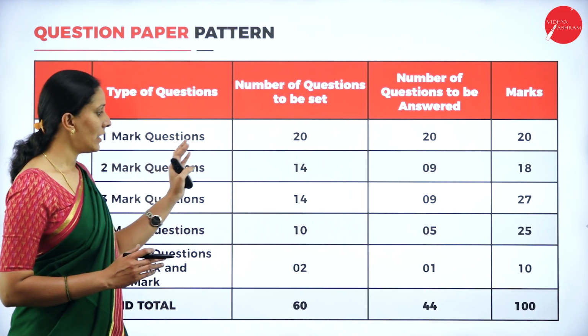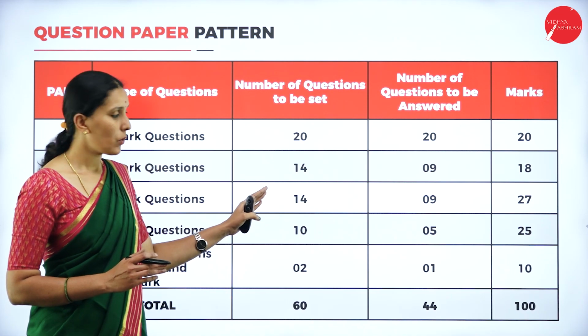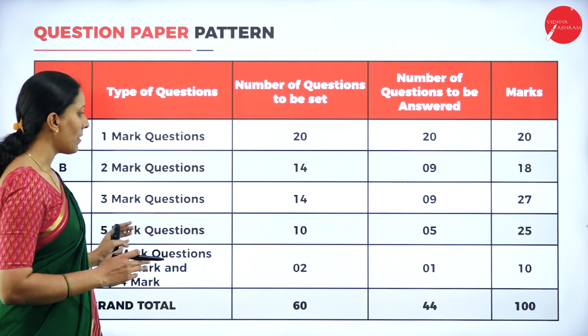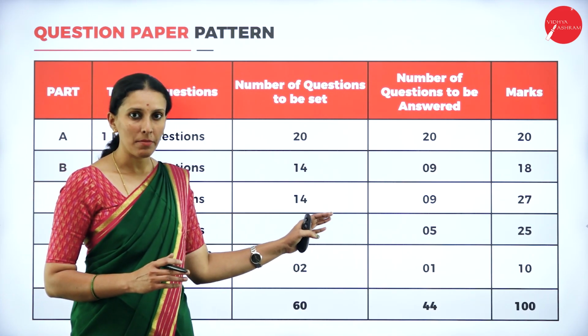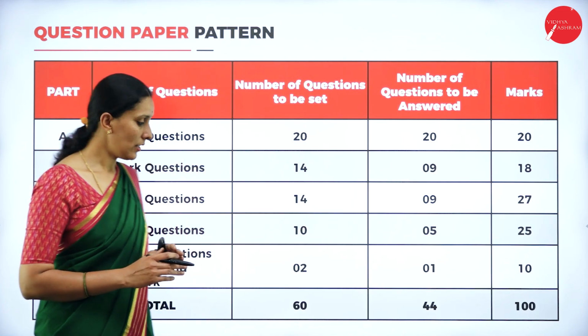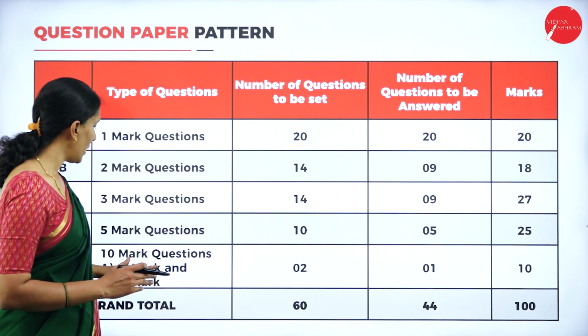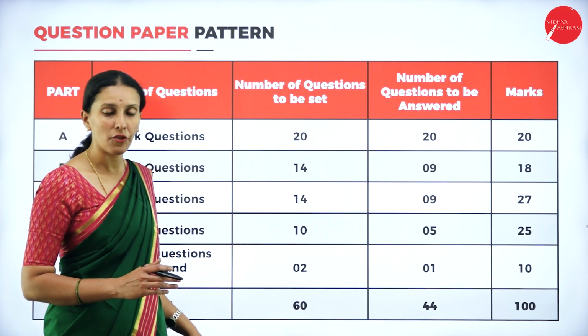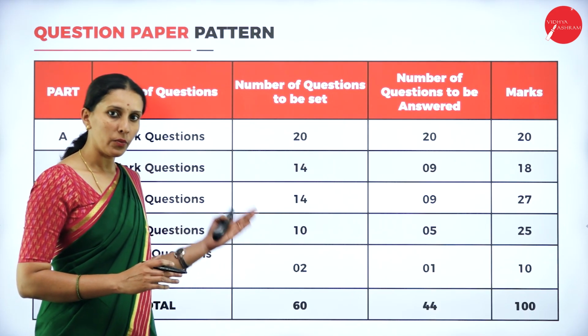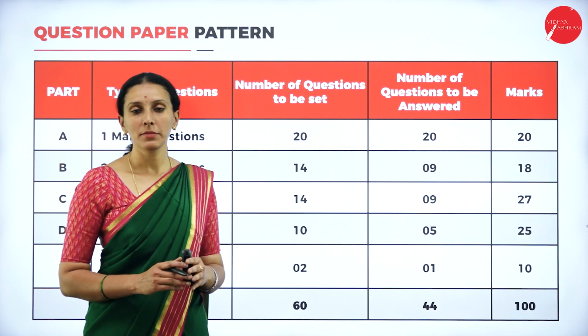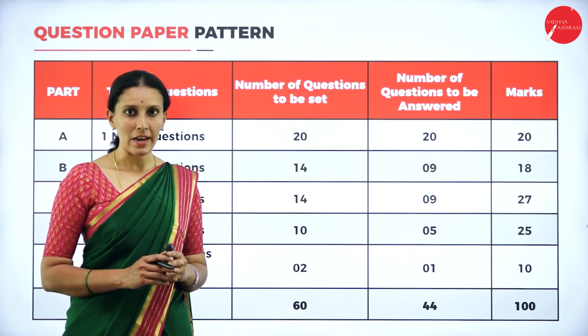Part C is again 14 questions of 3 marks, and you are supposed to answer any 9 out of 14. Part D has 10 questions of 5 marks, 5 you need to answer. Part E has 1 ten mark question, subdivided into a 6 mark as well as a 4 mark question. You need to attend 1 six mark and 1 four mark question. So overall, the maximum marks you can attend is 100.